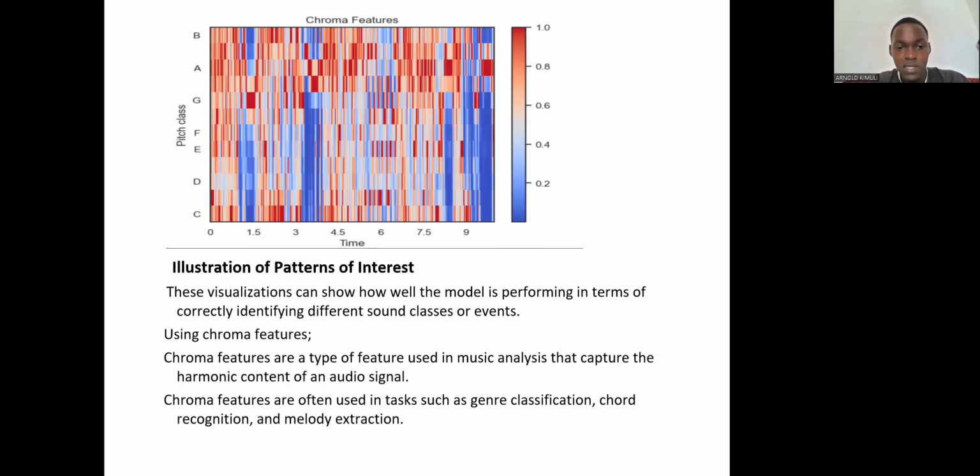Chroma features are a type of feature used in musical analysis that capture the harmonic content of an audio signal. Chroma features are often used in tasks such as genre classification, chord recognition, and melody extraction. Basically, chroma features could show different patterns of interest.